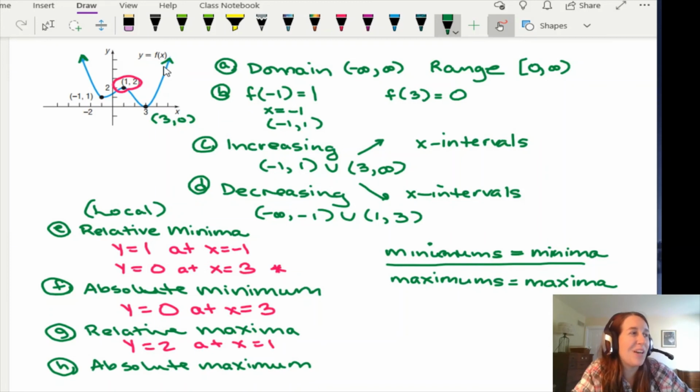The graph actually goes to infinity, up, up. Absolute and relative maxes and mins are real numbers, so you can just say none. Some people like to write infinity, but technically it means there is no maximum value. It has to be a number. So the true answer really is none. All right.